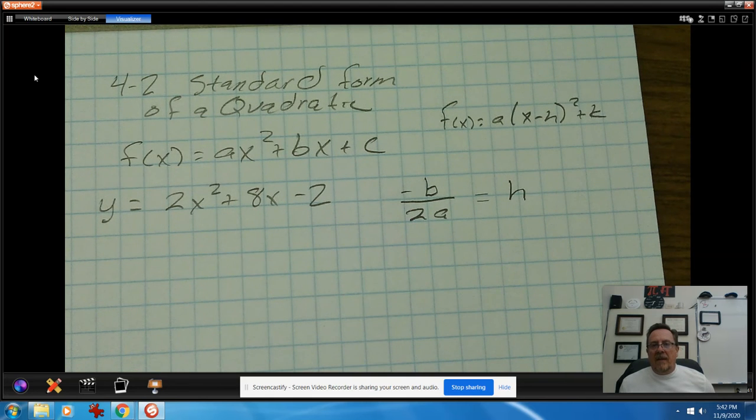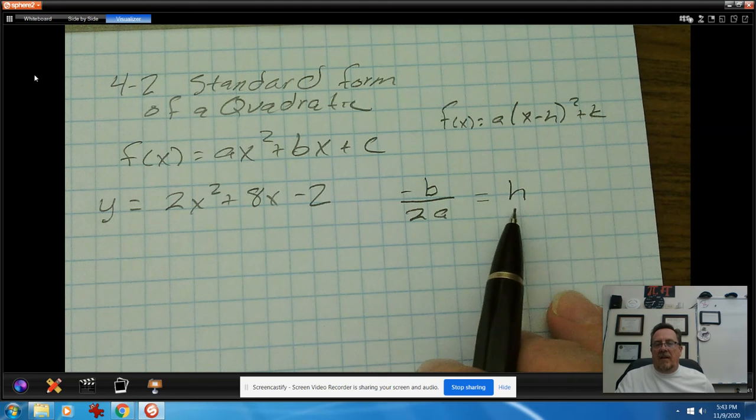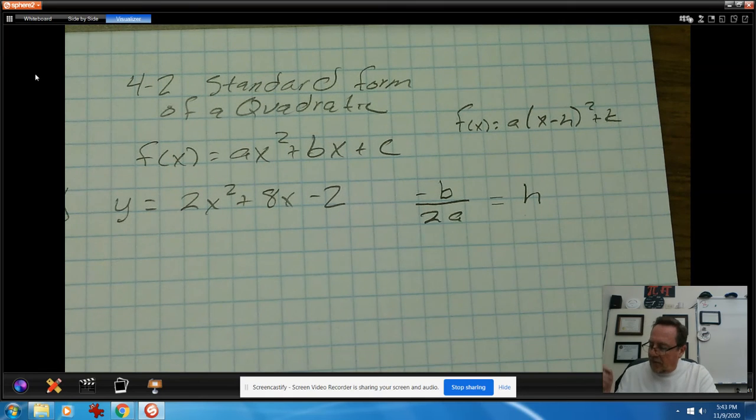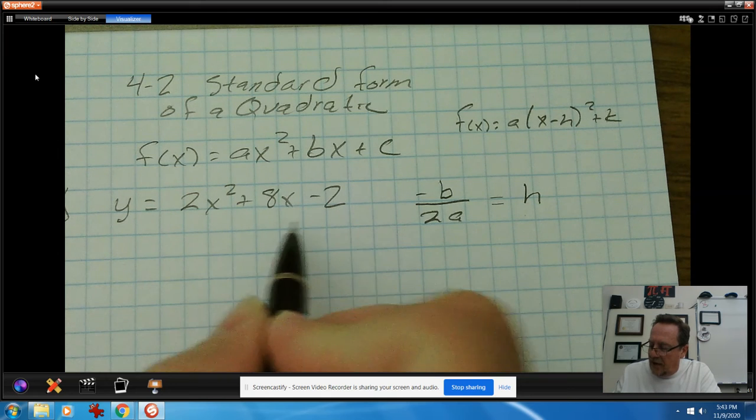Okay? That's going to be the x coordinate of the vertex. Just like before when we said h is the x coordinate of the vertex, negative b over 2a will give us our h. All right? So let's plug in these numbers and see what we get.